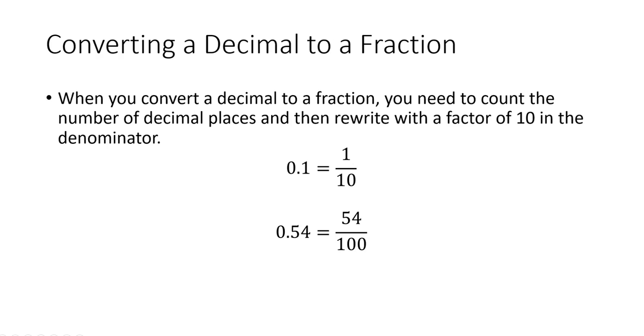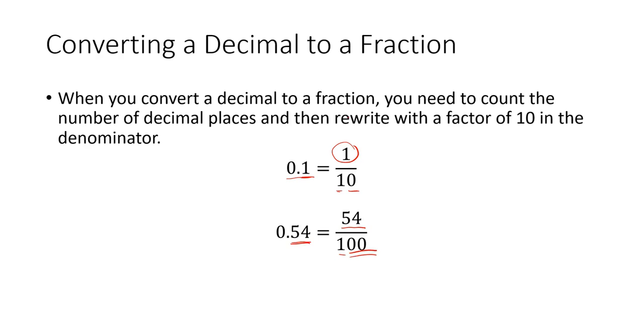First of all, when you convert a decimal to a fraction, you need to just count the number of decimal places and then rewrite the number with a factor of 10 in the denominator with that many zeros behind it. So for example, 0.1 has one decimal place, so we write it as 1 over 10. 1 with 1 zero after it. 0.54 has two decimal places, so we write it as 54 over 1 with 2 zeros after it.